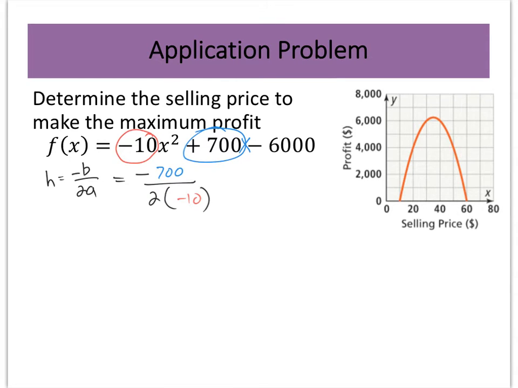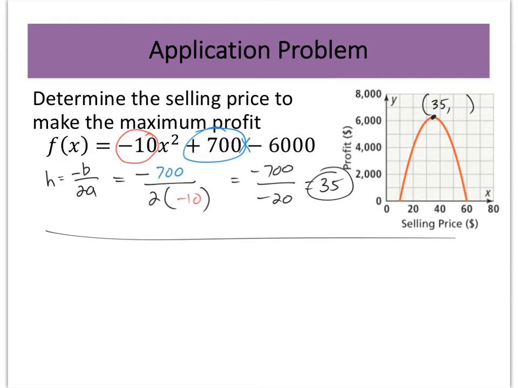So this ends up being negative 700 over negative 20, which is 35, positive 35 in fact. So we know that the vertex here has an x-coordinate of 35.